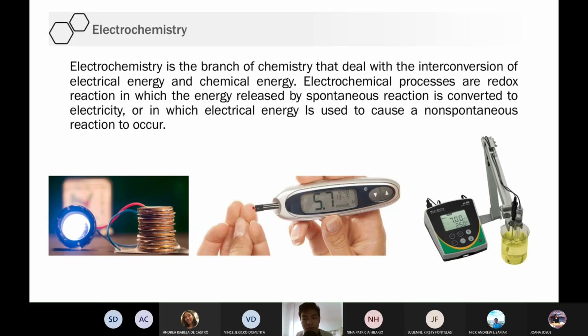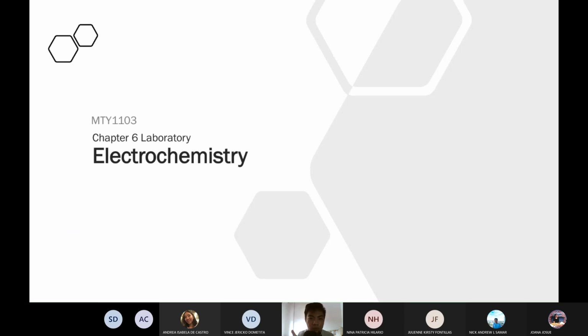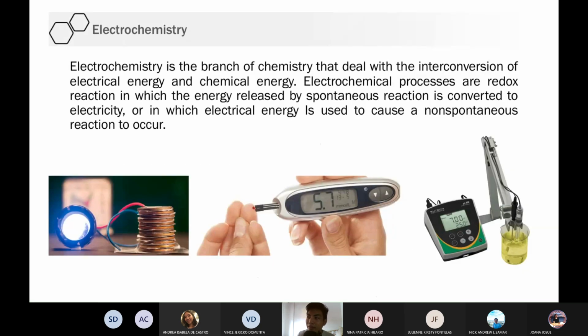Okay? So yun yung electrochemistry. Yun yung kagandahan niya. Kasi we are now going to look into those systems na yung chemicals na pinaghalo mo magpo-produce ng kuryente. Okay? So that is electrochemistry. We're going to understand the conversion of electrical and chemical energy.